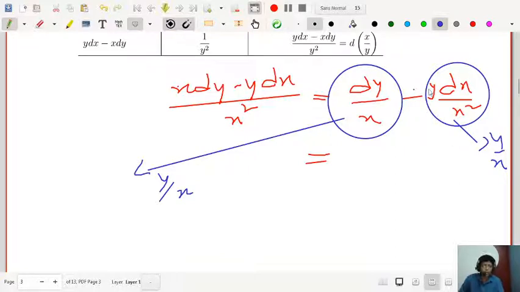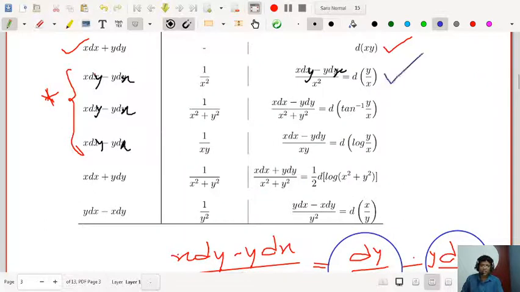The integration of dx by x square will be plus 1 by x, so y by x ultimately. Both these things will give you y by x, so we can write the differential as d of y by x. That is how it is expressed here. There was a little printing mistake in the page, so I apologize for that.